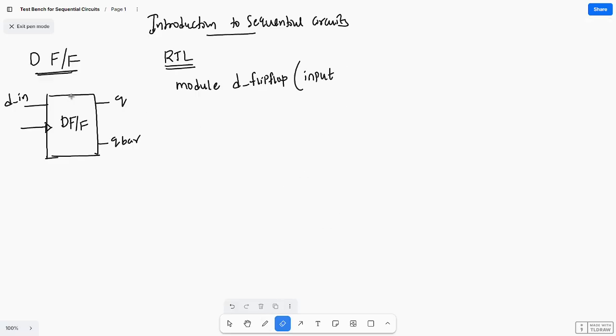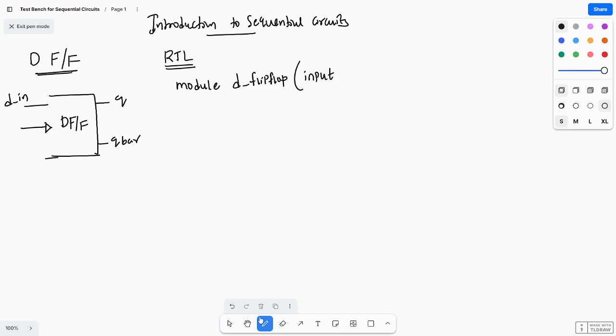One more input, reset, we can also add. So I am using reset: input clock, reset, and D underscore in, and the output is output reg Q and Q bar.